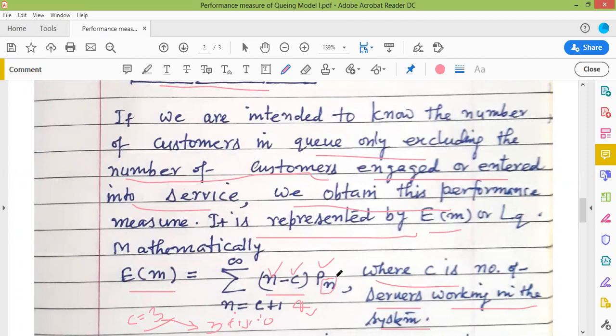At one point you may think that n should also be n minus c. No, there is no need for making it n minus c, because n is of general character. So this is another important formula, and it is denoted by m.